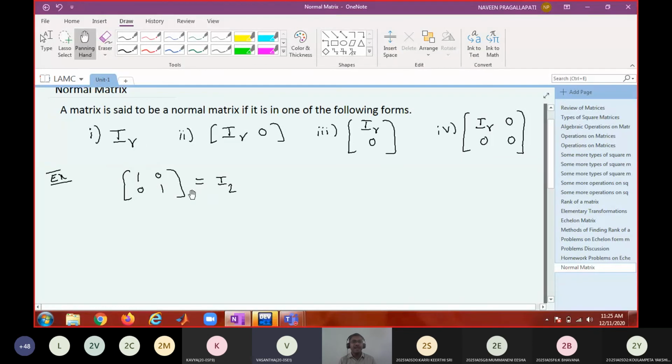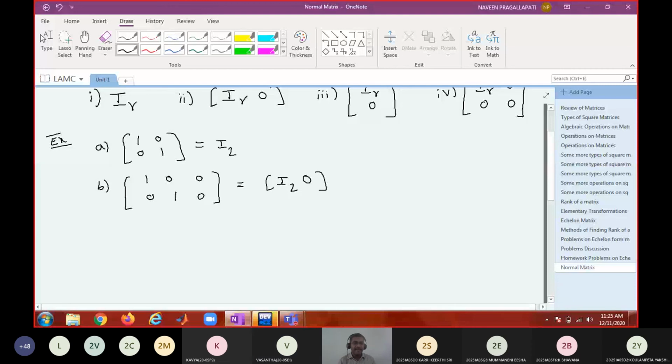Is it not a normal matrix? Yes, sir. Next, if I write 1, 0, 0, 1, is this a normal matrix? Yes, sir, because it is in the form I_r 0, 0 0. I2, 0, where 0 is a column matrix.